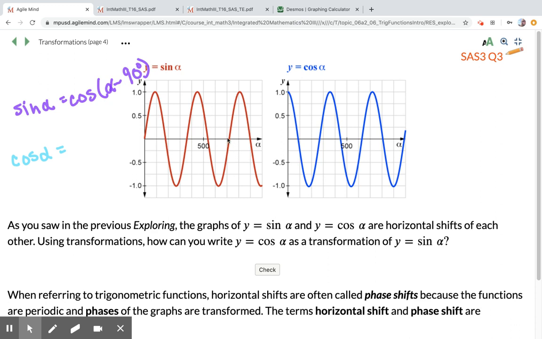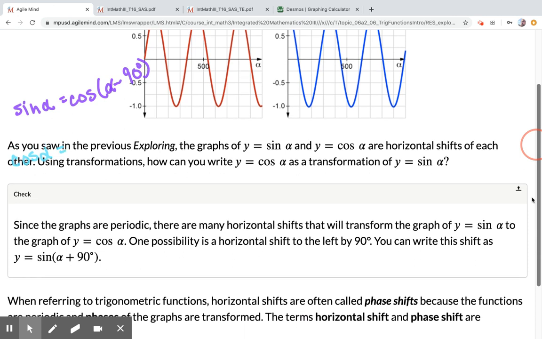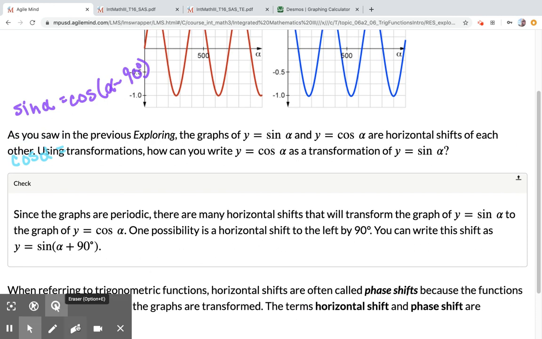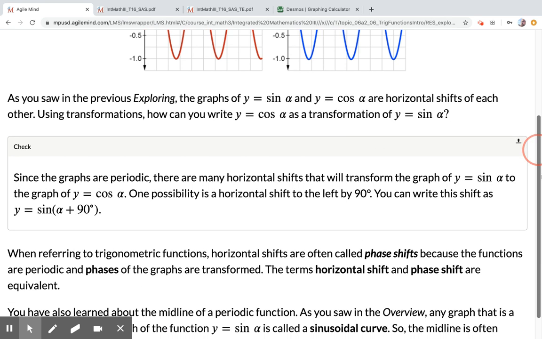Which means going the other way, I could take my sine alpha and shift it left 90 degrees in order to get it to match cosine alpha. So that means cosine alpha equals sine of alpha plus 90 degrees. Remember how H is always doing the opposite of what we think it should? Yeah, that just happened.